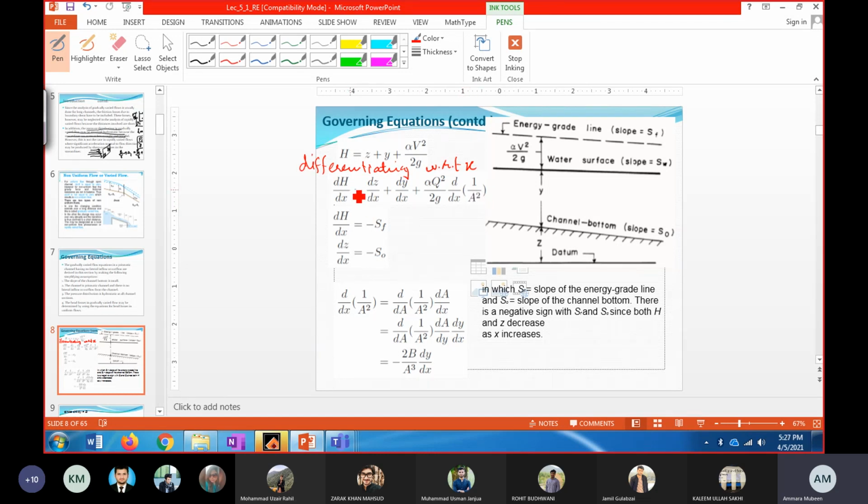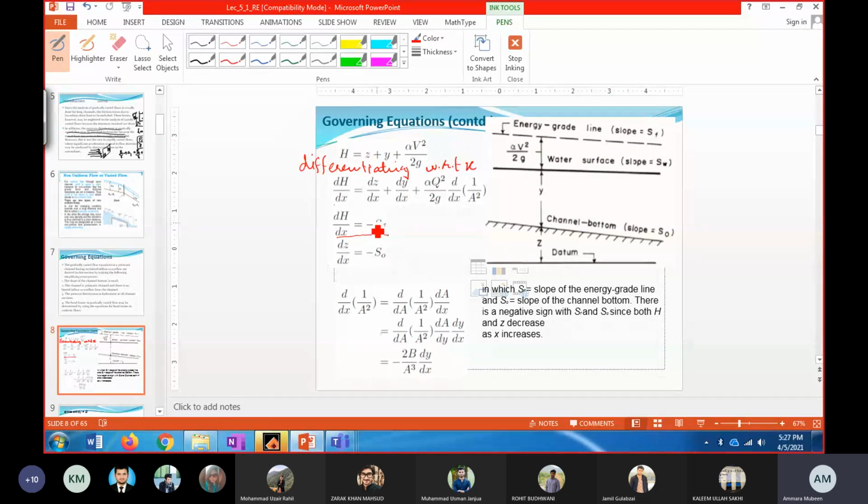By giving symbols to dH over dx, dz over dx, and dy over dx, let's see how this equation is transformed. First, dH over dx is called SF. SF is the slope of the energy line.